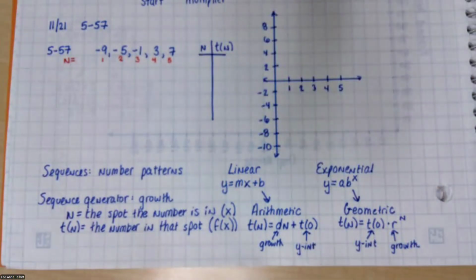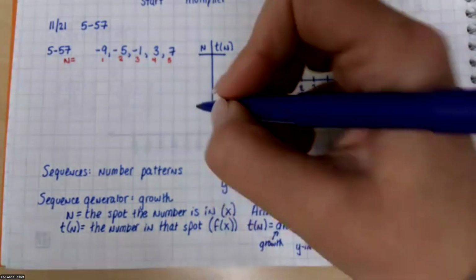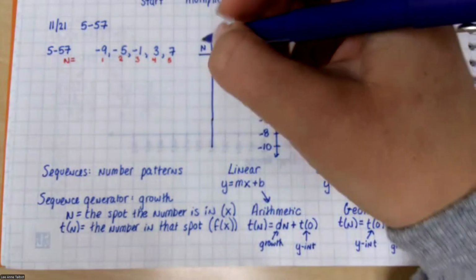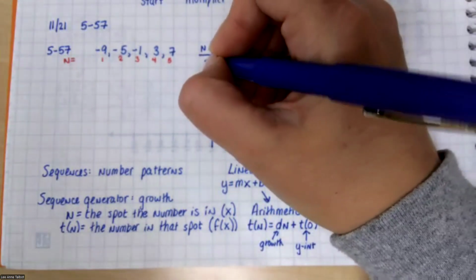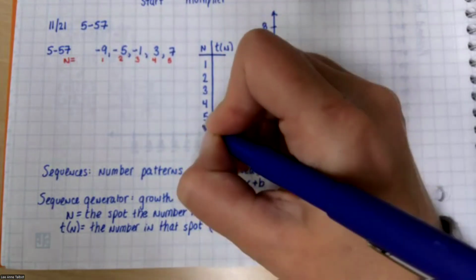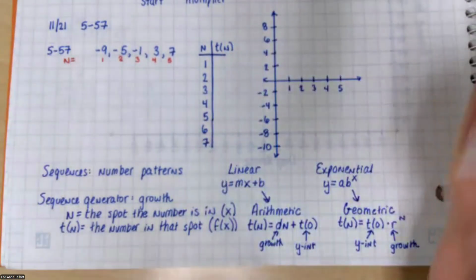Okay, make me a little table. It says n, T of n. Actually, go down a little bit more. So 1, 2, 3, 4, 5, 6, 7.